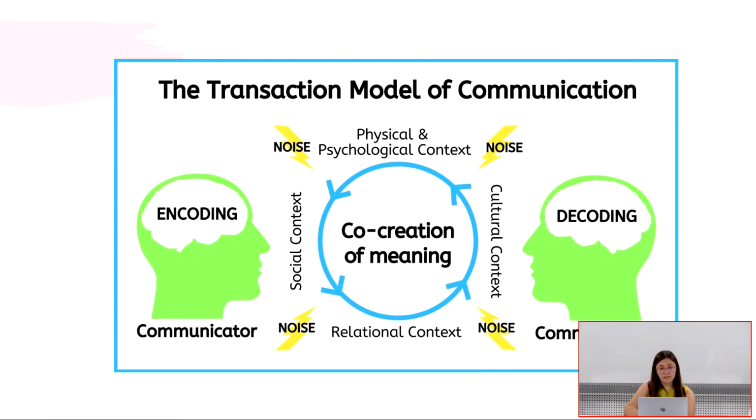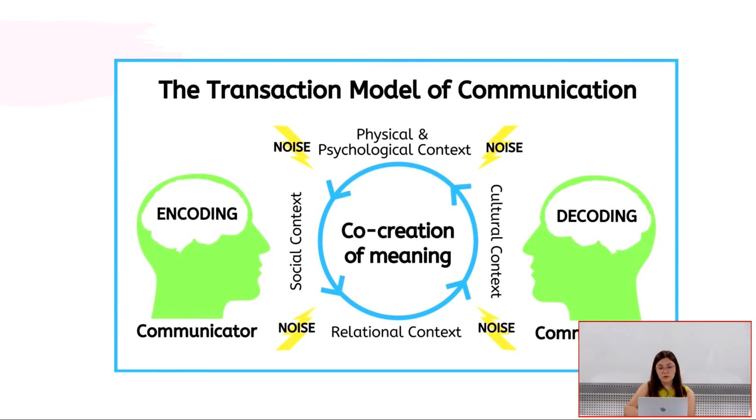And you can see here, first one is encoding, which means that they use their language capabilities to create a meaning, that is, they are encoding the words, the language they know, to create a meaning.